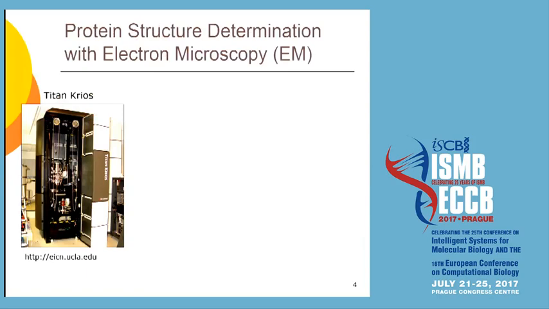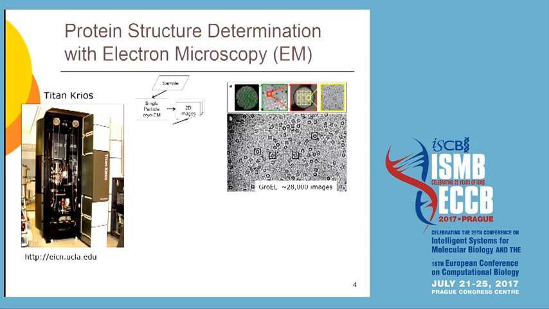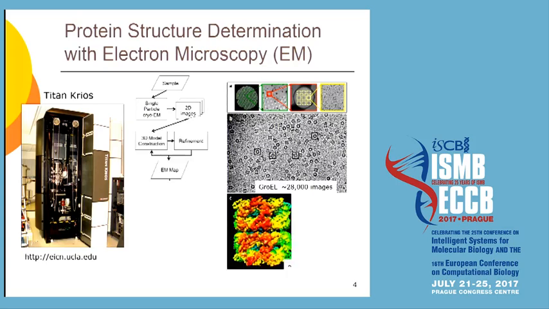This is Titan Krios. This is one of the state-of-the-art electron microscopes available on the market. And let me just quickly go through how the structure is determined from electron microscope data. First, the samples are put onto the grid, and the proteins will be imaged in 2D in different orientations.